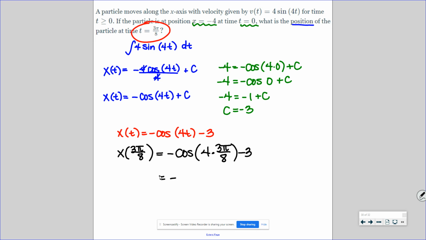Okay, so we're going to have negative cosine 4 times 3 pi by 8 would be 3 pi over 2. And then you need to practice unit circle stuff because it's coming back here. Cos of 3 pi over 2 is 0. So this would be 0 minus 3, which is equal to -3.